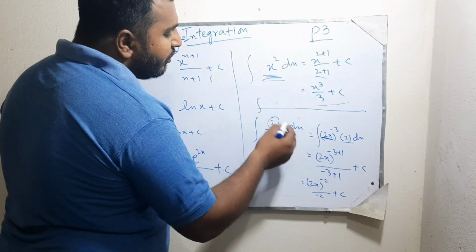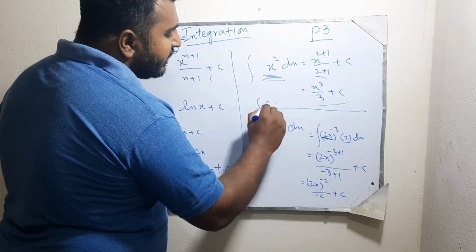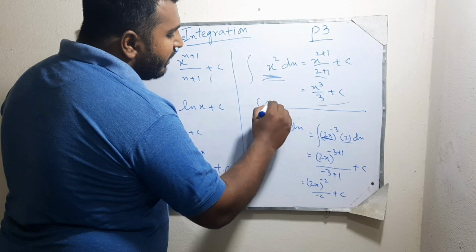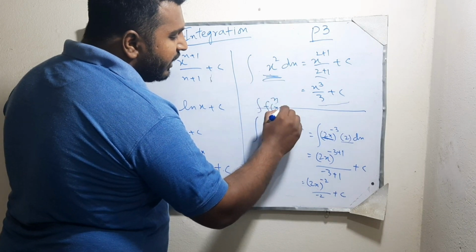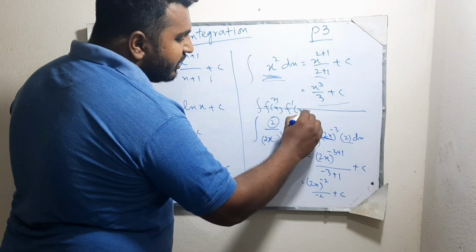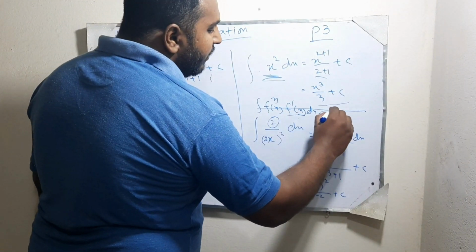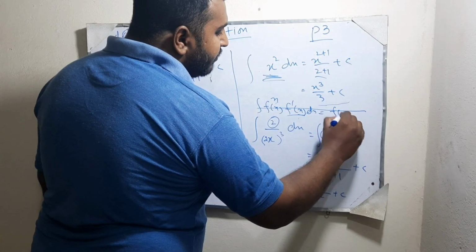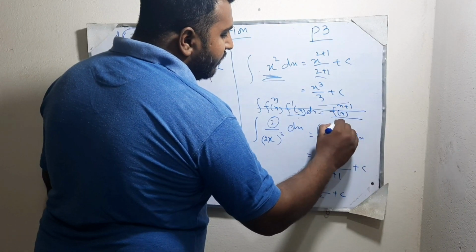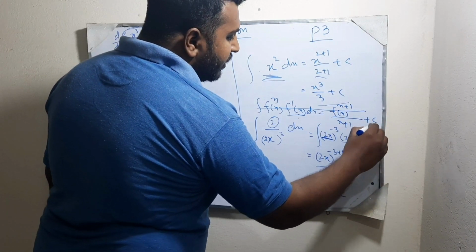More specifically, if we have any function f of x, its power n, and its derivative is present here multiplying with it, then just the power rule will apply: f of x power n plus 1 over n plus 1 plus constant of integration.